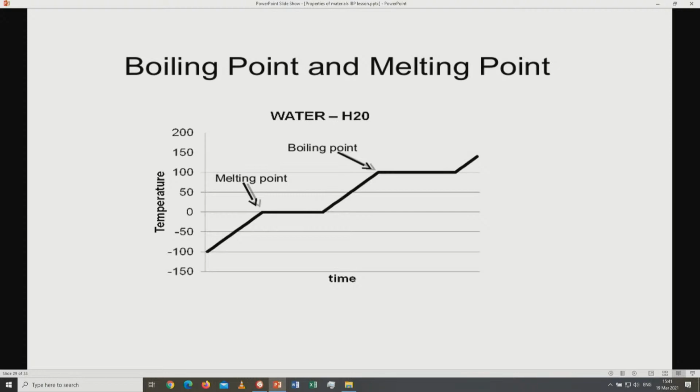You need to increase its temperature. Let's say you start below 0, and when you increase it and it reaches 0, it is at that point where the solid will change to a liquid. And again, if you increase the temperature again, what will happen?